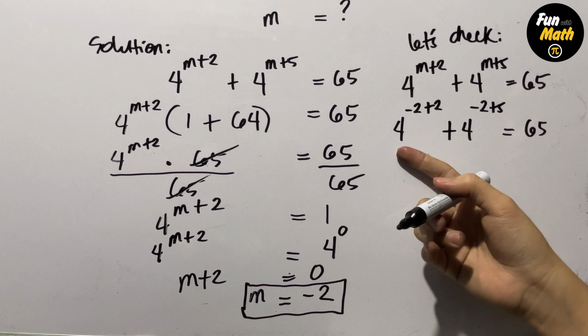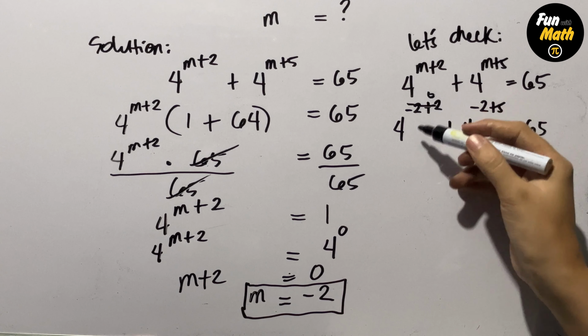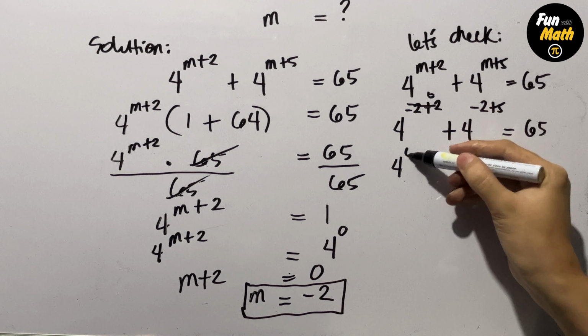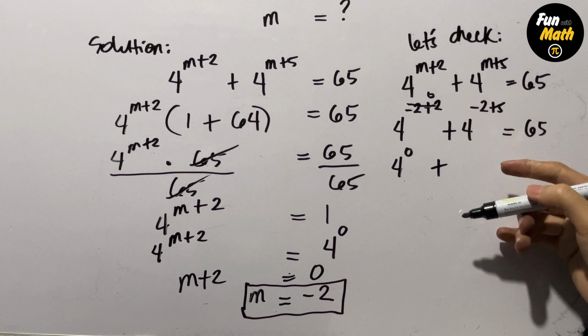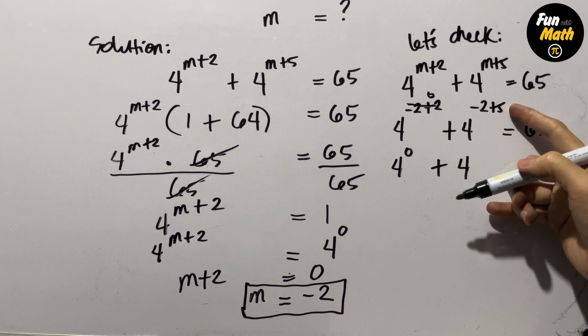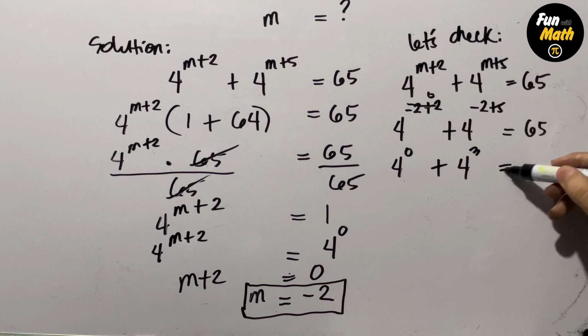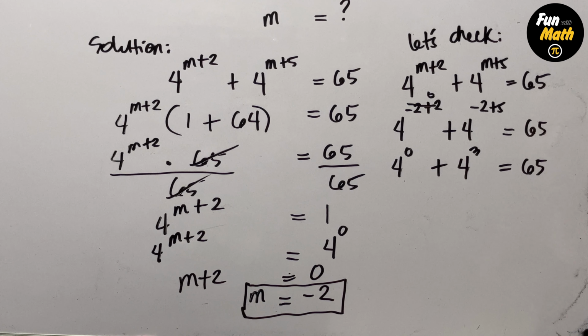Now, negative 2 plus 2 is 0. So we have 4 to the power of 0 plus 4 to the power of negative 2 plus 5, which is 3, equals 65.